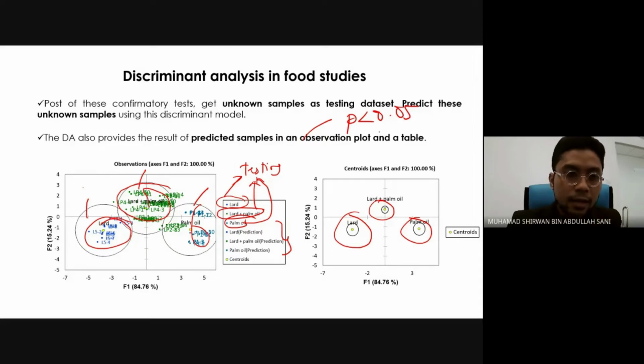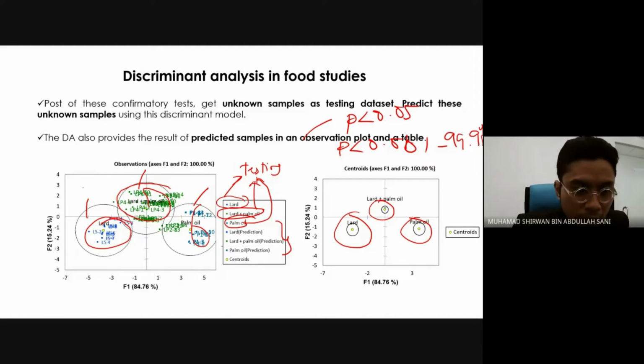So in this case, unfortunately, when we conduct this test, they chose p less than 0.05, which is, in my recommendation, if we are talking about halal, better to choose 0.01, or even 0.001. For that, you can make sure you have 99.9% accurate result. You still allow error, but a very small amount of error.